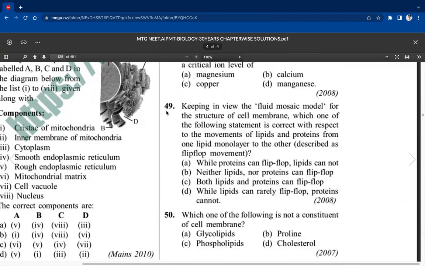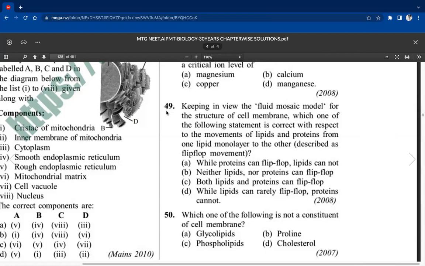Option A, while proteins can flip-flop, lipids cannot. B, neither lipids nor proteins can flip-flop. C, both lipids and proteins can flip-flop. D, while lipids can rarely flip-flop, proteins cannot. Flip-flop is just going from outer membrane to inner membrane.